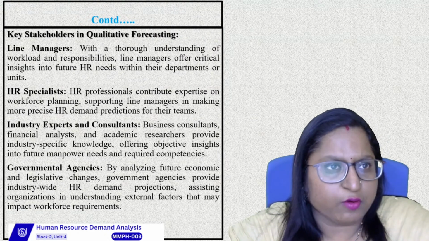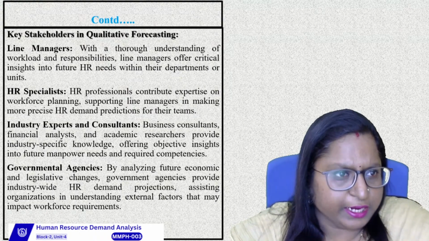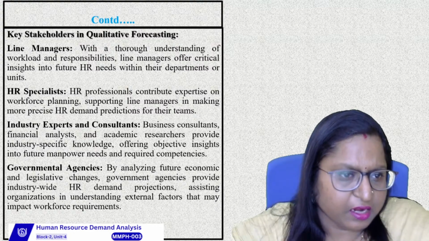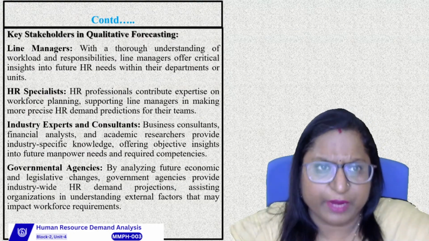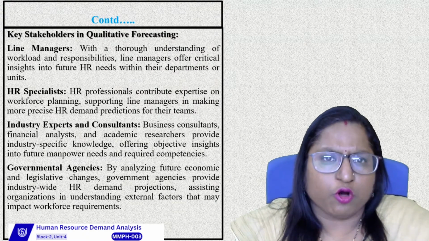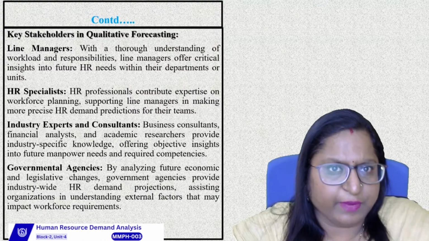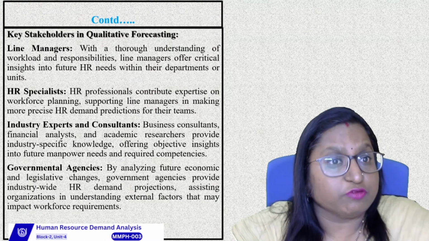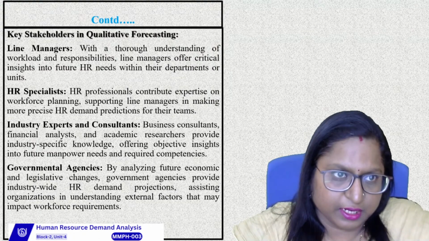So, the key stakeholders in qualitative forecasting are line managers, HR specialists, industry specialists or consultants, and government agencies. First is the line manager. With a thorough understanding of workload and responsibilities, line managers offer critical insights into future HR needs within their department or units.